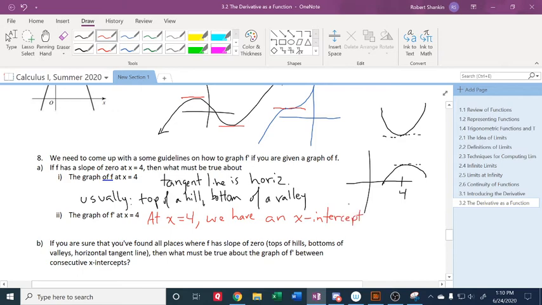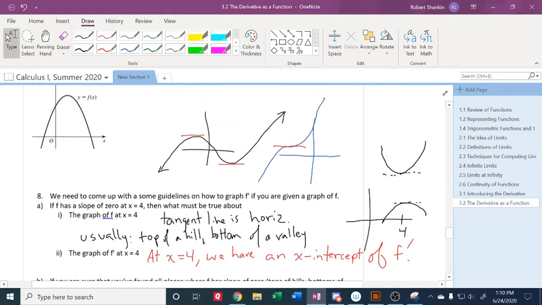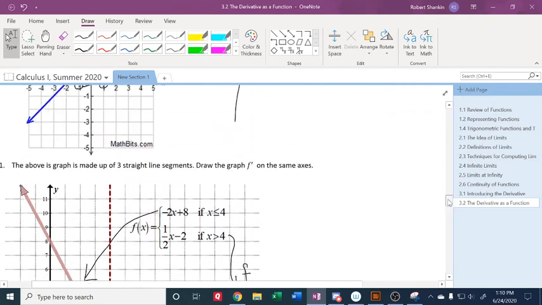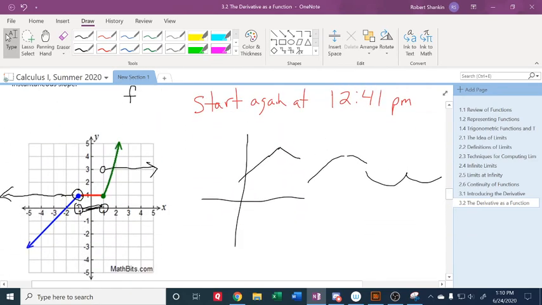Yes, when we're graphing the derivative, we have an x-intercept of f prime. All right. Remember when we were graphing the derivative?